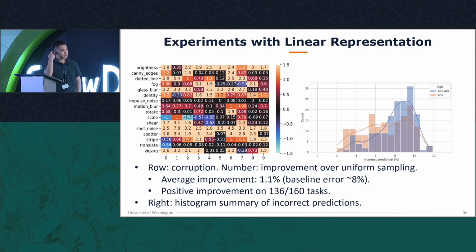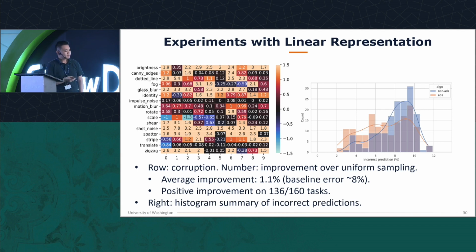Okay, so here are our experimental results. On the left is the heat map of the improvement. If it's positive, this shows the improvement of using active sampling over the passive uniform sampling. You can see here most of the numbers are positive, and there are some summary statistics.